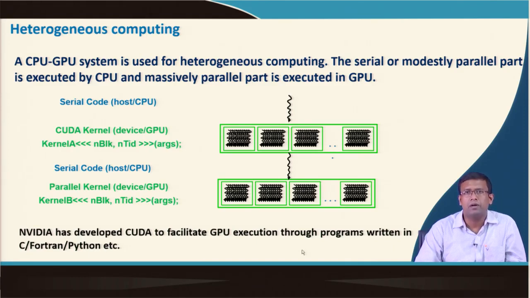So, you have a C program or a Fortran code, you identify a certain part of the program which can be massively parallelized, and then develop a CUDA C or CUDA Fortran program, where over the C or Fortran program you write CUDA instances and ask those parts to be executed in GPUs.